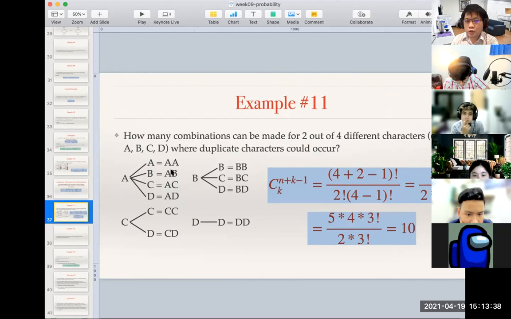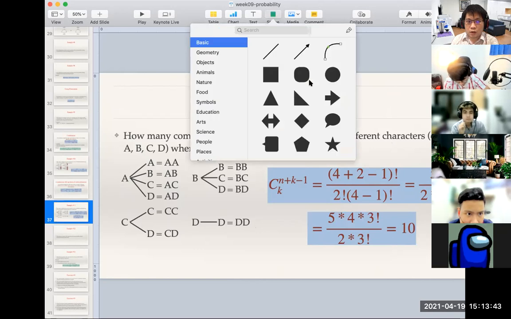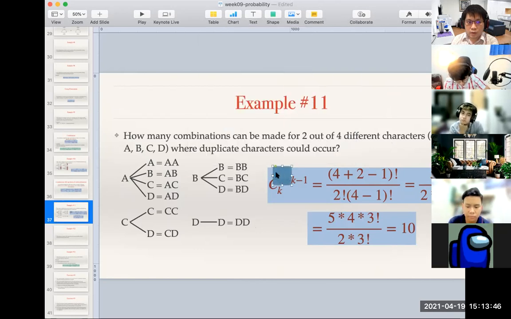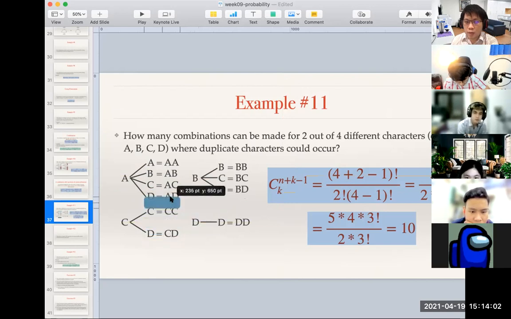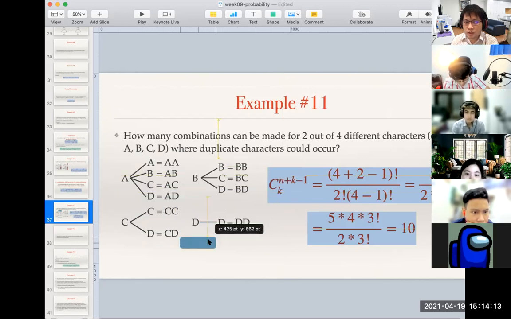Originally you should only have 6, right? 1, 2, 3, 4, 5, and 6. But since now you need to include the repeated elements such as AA, BB, CC, or DD, the original 6 needs to be added with another 4.